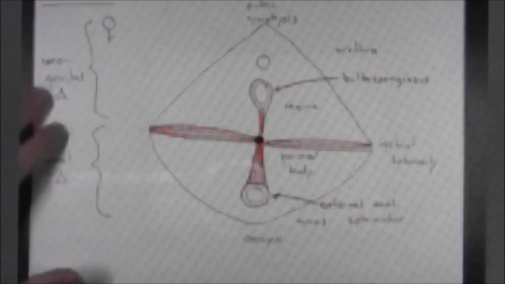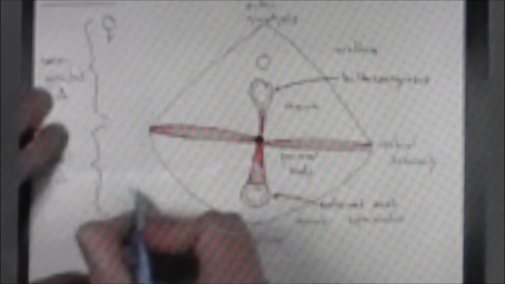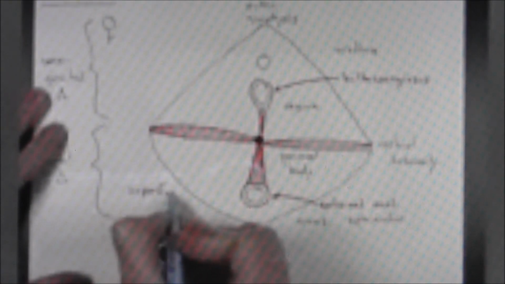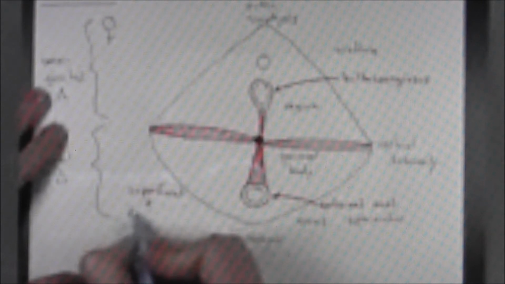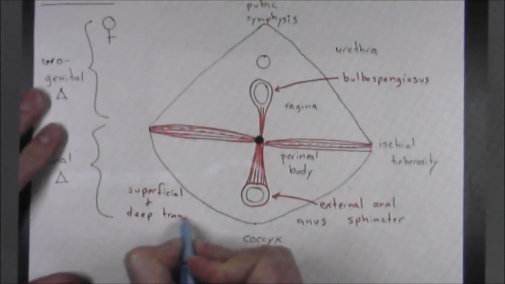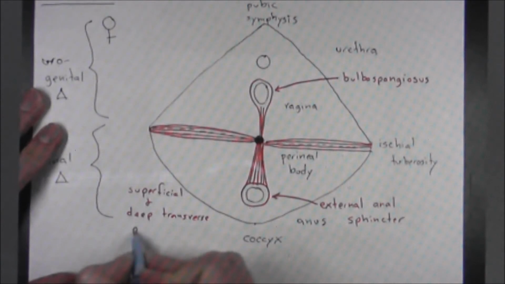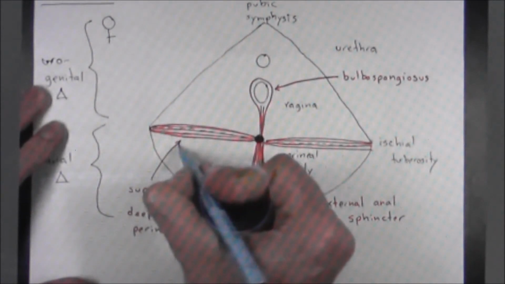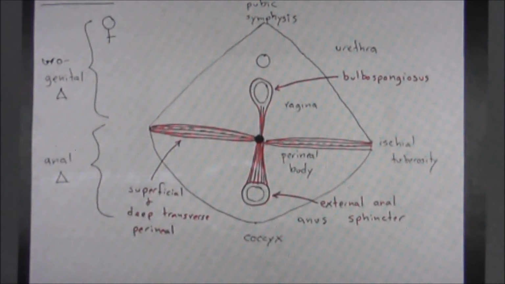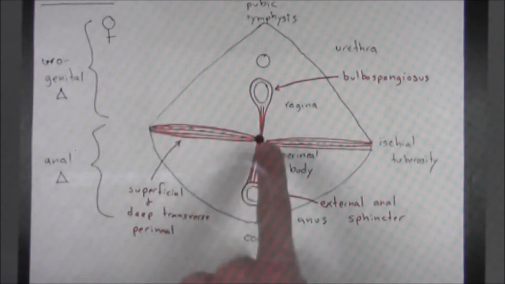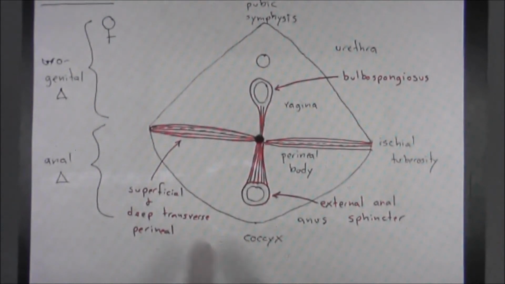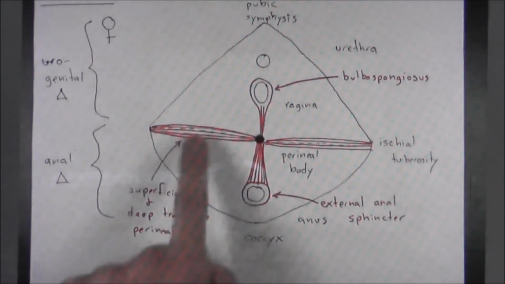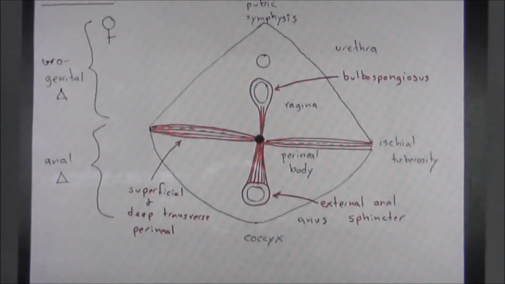So these are the superficial and deep transverse perineal muscles. So if you were dissecting, you would go through skin, superficial fascia. If you were then between the ischial tuberosity and the perineal body, you would first encounter superficial transverse perineal, then you would remove that, and you would find the deep transverse perineal.